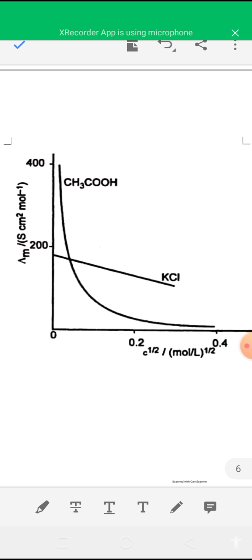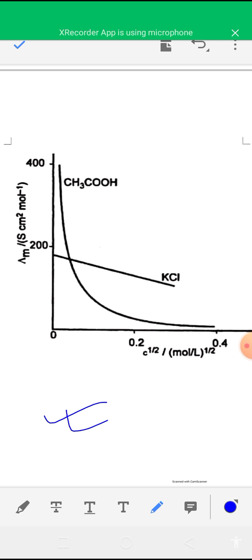And graphically you can also show the variation in molar conductivity of a strong electrolyte and a weak electrolyte. I have told that the molar conductivity of an electrolytic solution generally increases with dilution. For a strong electrolyte, the variation is like this straight line. With decrease in concentration, the conductivity of the solution increases.